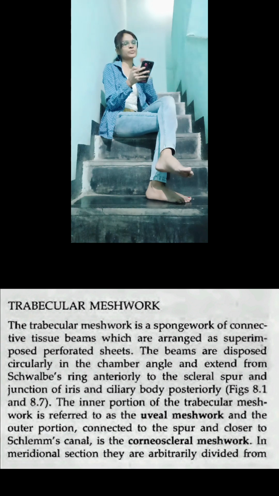The inner portion of the trabecular meshwork is uveal meshwork and the outer portion is corneoscleral meshwork, that is near Schlemm's canal.